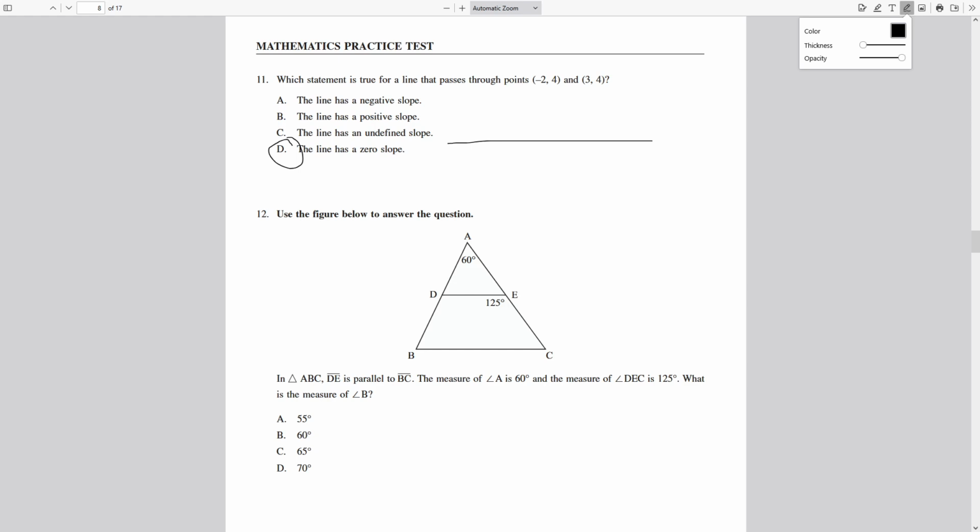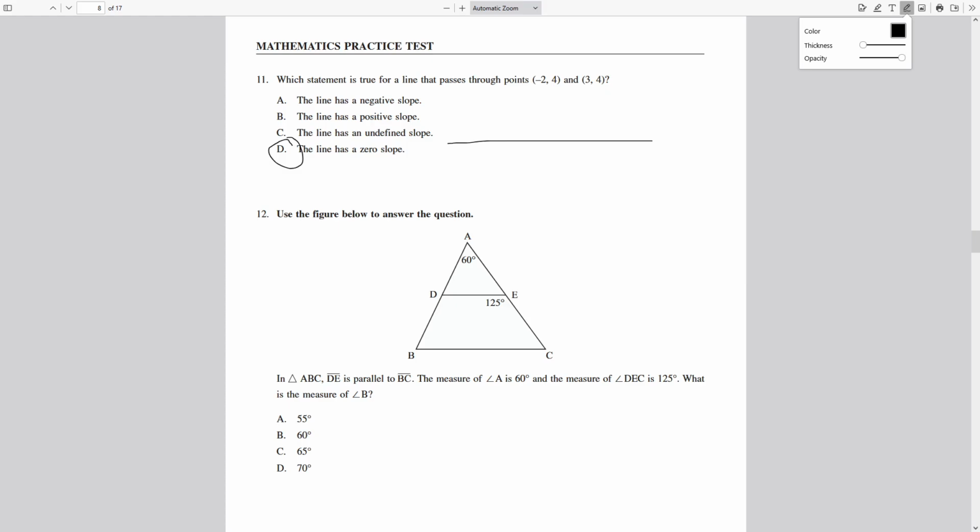Use the figure below to answer the following question. So line DE is parallel to BC. That is true. The measure of angle A is 60, and DEC is 125. What is the measure of angle B?